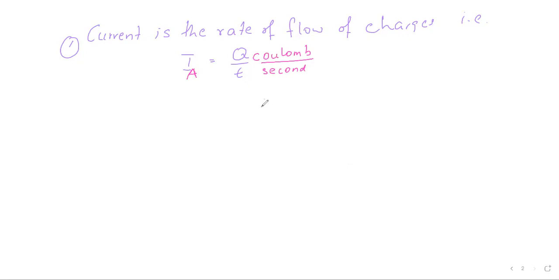We use A, the symbol there for current, s for seconds as the unit, and the unit for the charge is a coulomb. That's number one.